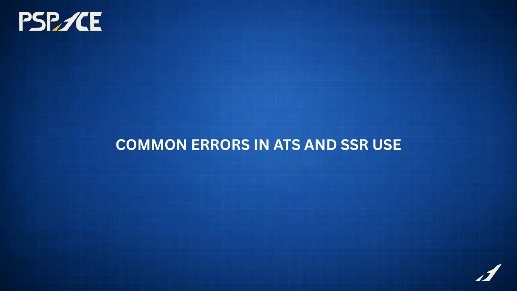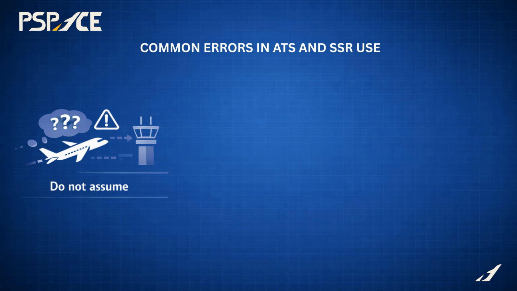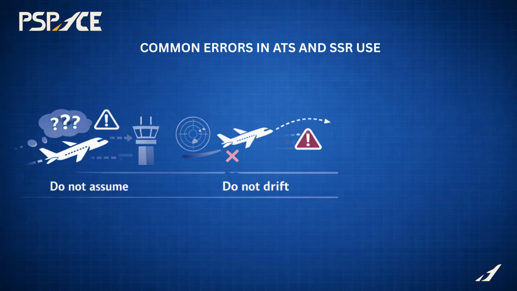Several recurring errors sit behind poor ATS use in controlled airspace. One is assuming that once the aircraft is in contact with a controller, the ATS relationship will look after itself without active crew discipline. Another is treating SSR as background equipment rather than as part of the aircraft's live surveillance presentation to ATS.